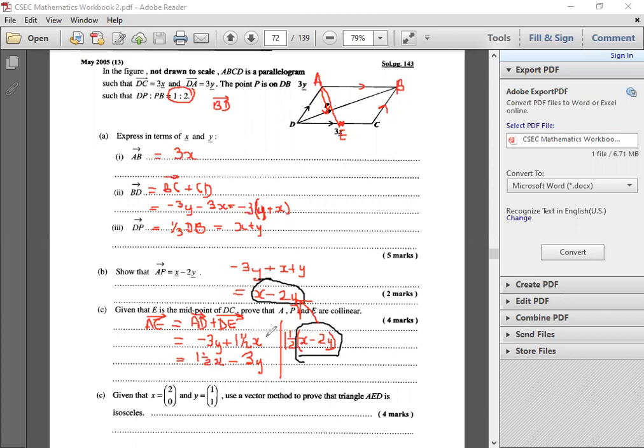So once you work it out, you do your factorization, and where you see the commonality, then that proves that the points are collinear. So all you need to do is to write a statement stating that vector AE is equal to 1.5 of AP.